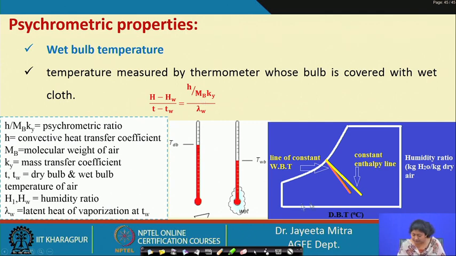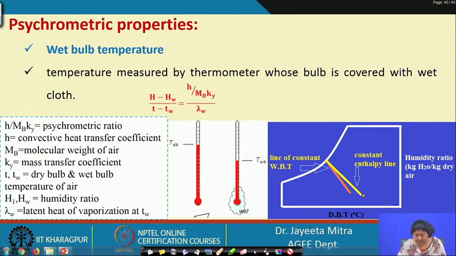Now, if we look into the psychrometric chart, okay, the horizontal line at the bottom, the lower boundary, is showing the dry bulb temperature, and this ordinate is showing the humidity ratio, that is kg of moisture H2O per kg dry air. This yellow line is showing the constant enthalpy line, and this orange line is the constant wet bulb line.